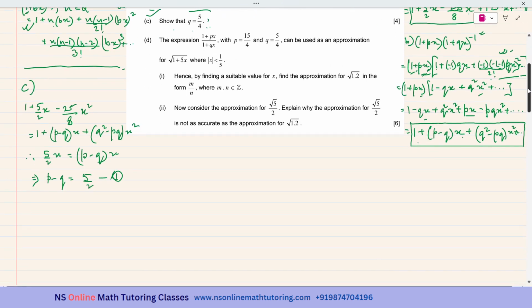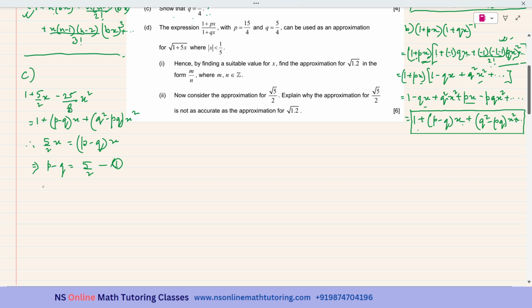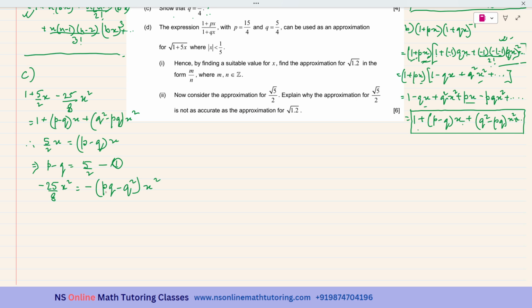And the second equation is negative 25 over 8x square is equal to, let me also have a negative sign in front so that I can cancel the two negative signs. So I can write this as negative PQ minus Q square x square. Okay, so that I can cancel these two. So therefore, PQ minus Q square is equal to 25 over 8.